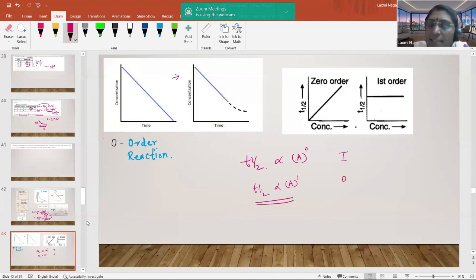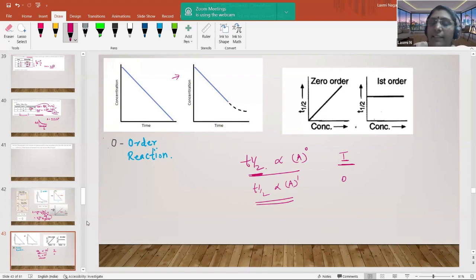So there are many questions possible where somebody says that the amount of reactant gets reduced to half in 5 minutes, then reduced to 1/4 in another 5 minutes. So when they say 5 minutes and 5 minutes, the T half is constant. If T half is constant, the reaction must be first order. So that kind of understanding has to be provided, right?